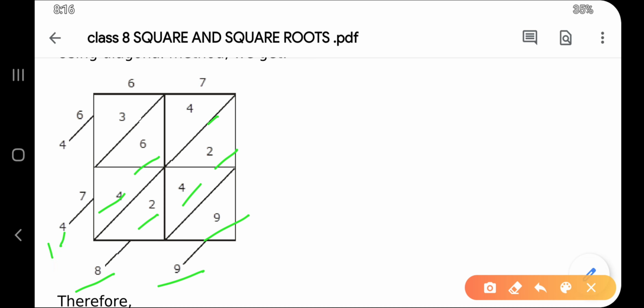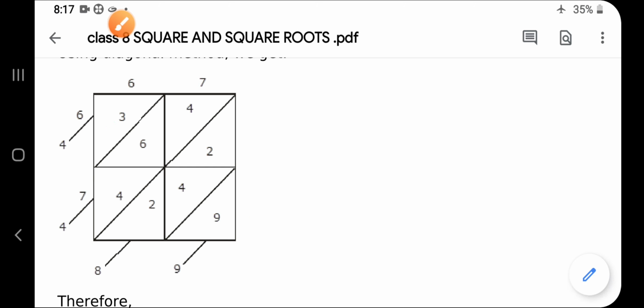We cannot write both digits here, we just have to write the 4 here, and the 1, which is the carry, we have to add in the next box. 3 is not added to any number. The sum is 3 and this carry is added here. So 3 plus 1 is 4. 4 has been written here.